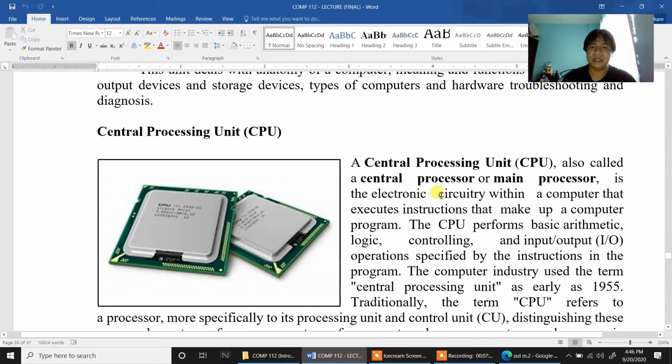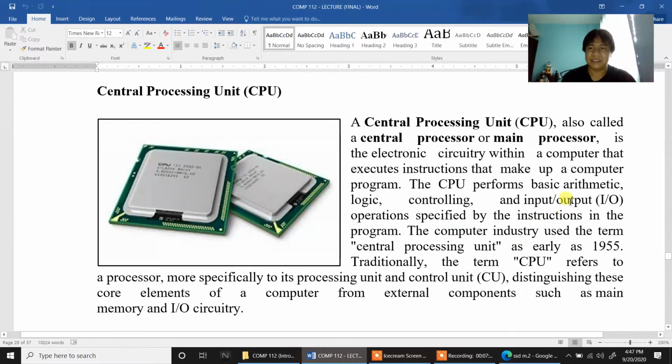When you say CPU, it is only the microprocessor, composed of three: the control unit, the ALU, and the memory unit or MU. Those compose your CPU. The CPU unit is the whole, composed of the motherboard, power supply, memory, hard drive. So they are one unit. The CPU is only one. It refers to one.